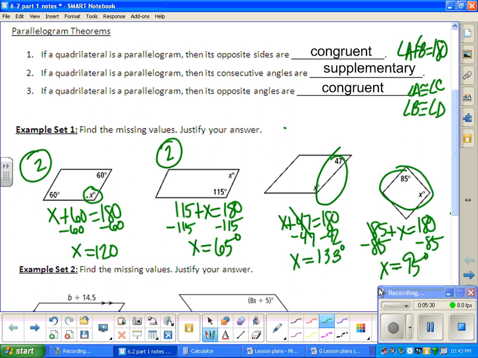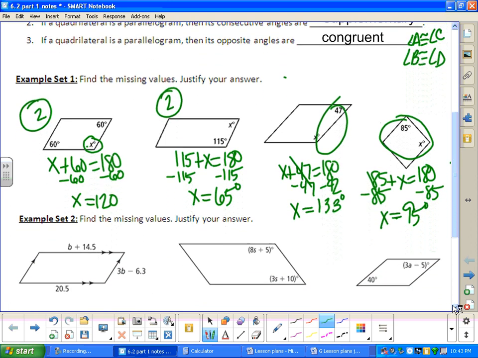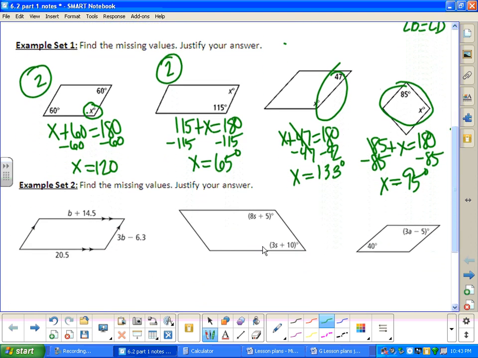So all of these we're using theorem 2, consecutive angles. Here we're talking about the missing value, so you have to know which theorem you want to use. Are they congruent or are they consecutive, which means supplementary?